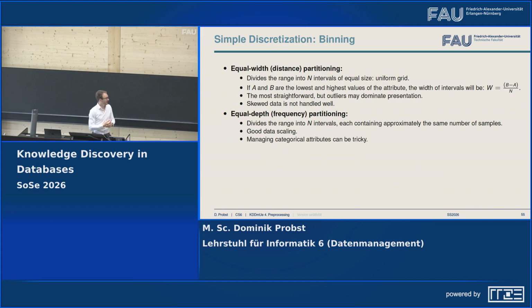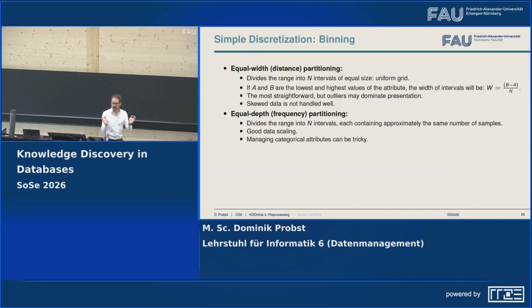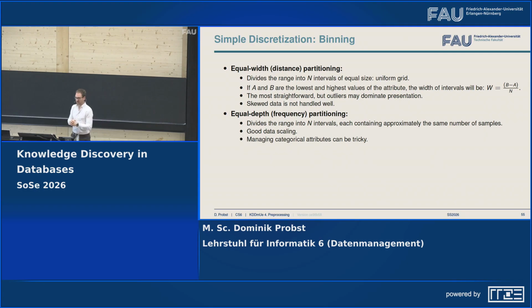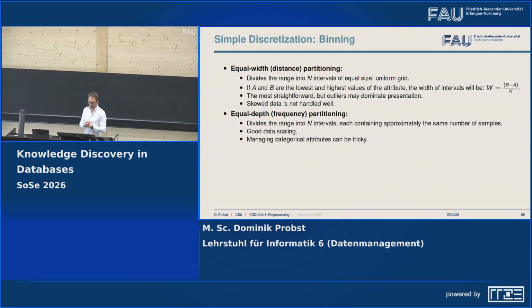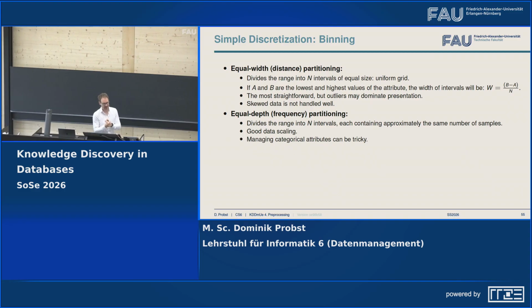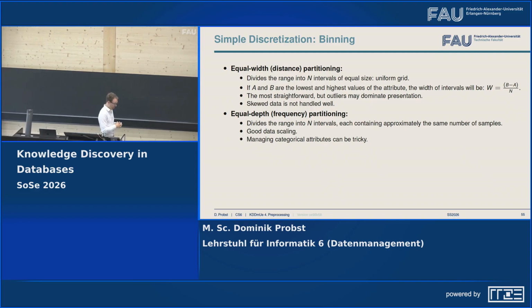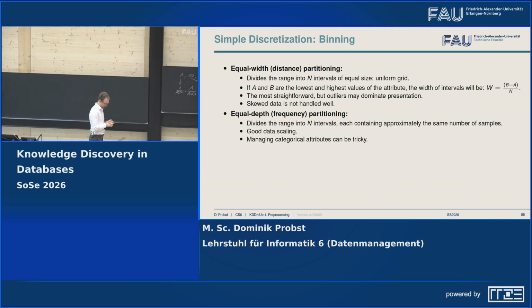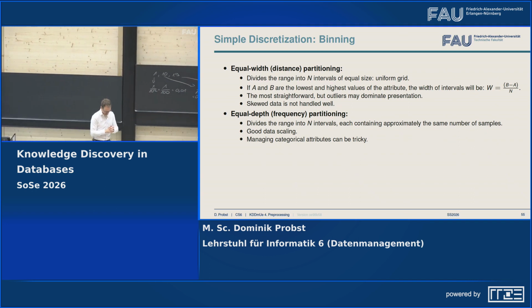It should be equal width for each bucket. And then we can have equal depth partitioning, where we are free to use any range for any bucket, but we want to end up with roughly the same amount of values in each bucket. Both cases are used very often for discretization.